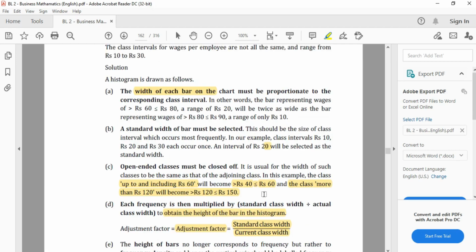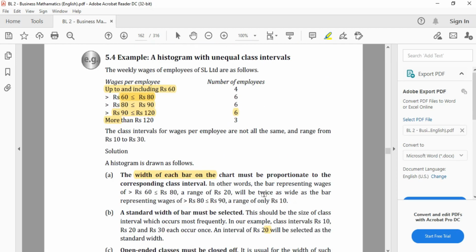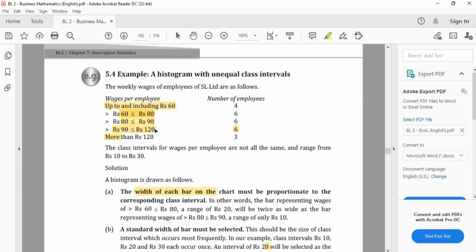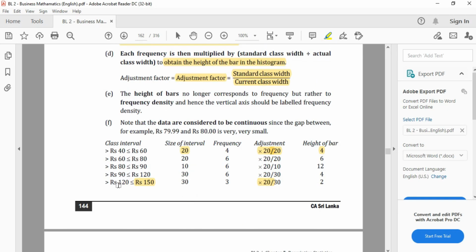So what happened here was they are saying the width of open-ended classes be the same as that of the adjoining class. That means of the previous class or the forthcoming class, the width can be considered the same. That's why they have considered 120 to 150 as 30 because 90 to 120 is 30.